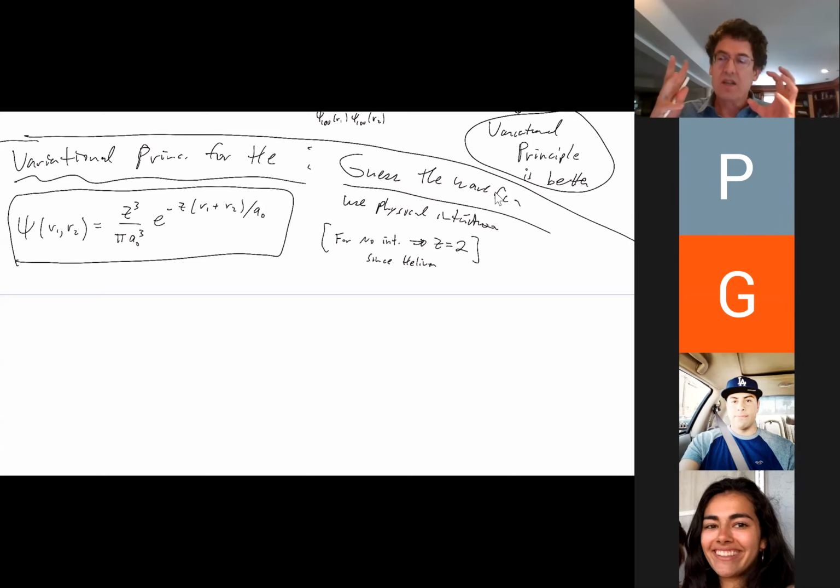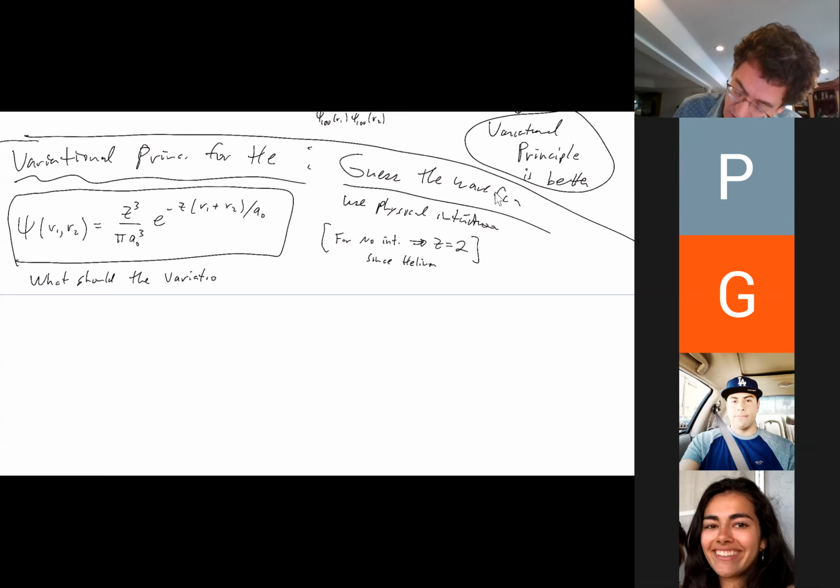It's a function, but it also has some new variable in it. And so the question is, what should the new variable be? What is the factor that we will vary? What should the variational factor be?